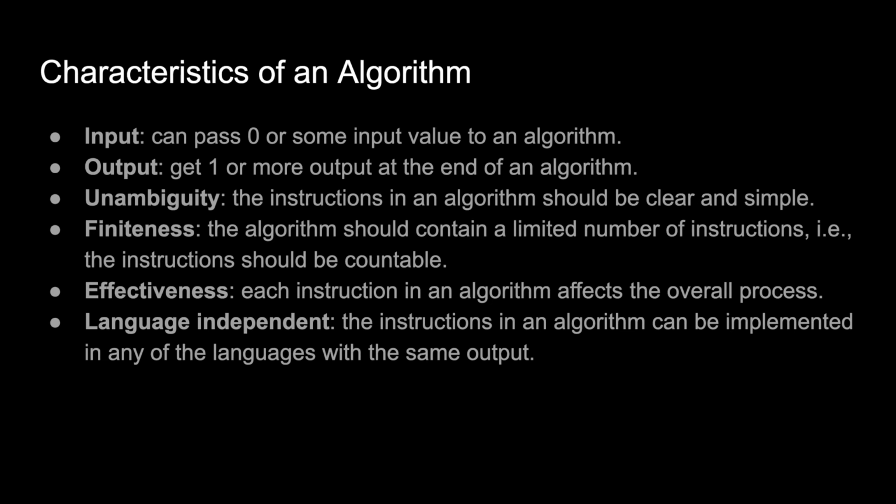Unambiguity means the instructions of an algorithm should be clear and simple. Finiteness means the algorithm should contain a limited number of instructions, and that should be countable. Effectiveness means that each instruction of an algorithm affects the overall process of the algorithm.